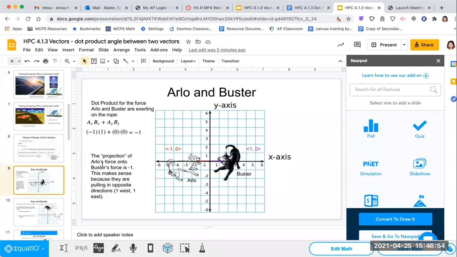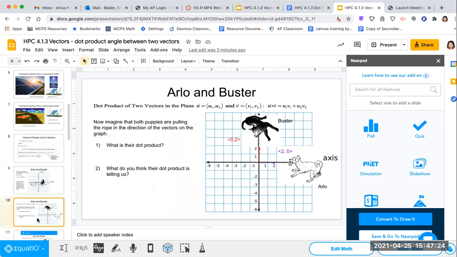And that means that the projection of Arlo's force onto Buster's force in the x direction is -1, which makes sense because they're pulling in opposite directions, right? So the way you compare Buster's force to Arlo's force is it's -1. It's the complete opposite of the other puppy's force. Okay, so there's no vertical comparison, right? Because it's just 0 times 0, but horizontally, they're each exerting an opposite force from the other one.